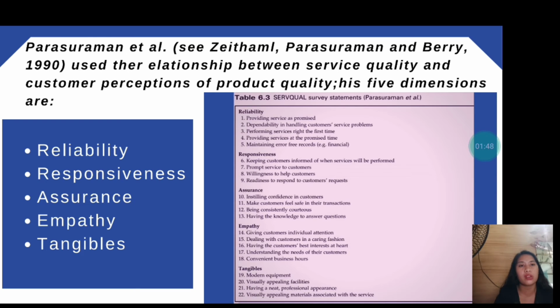Empathy is giving customers individual attention, dealing with customers in a caring fashion, having the customer's best interests at heart, understanding the needs of their customers, and convenient business hours. Tangibles are modern equipment, visually appealing facilities, a neat professional appearance, and visually appealing materials associated with the service.